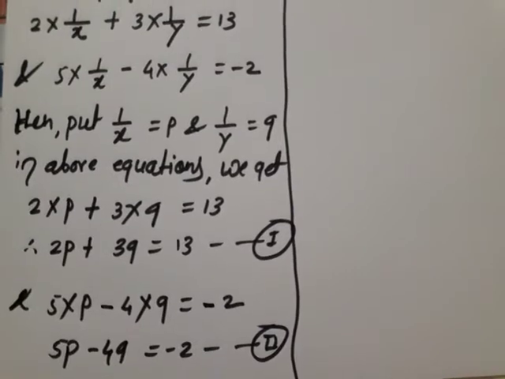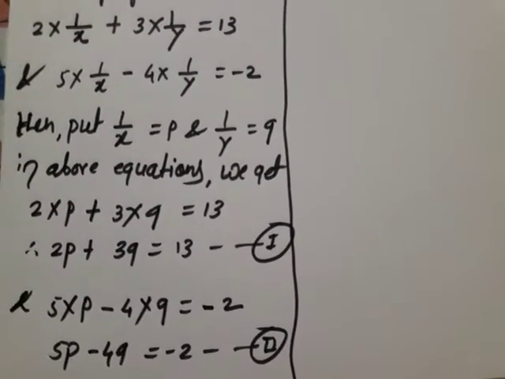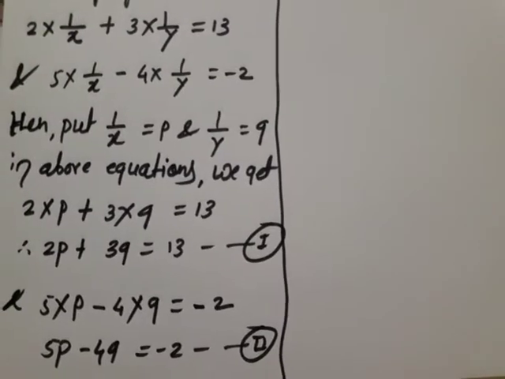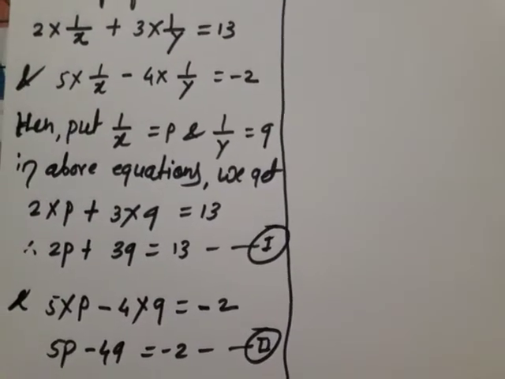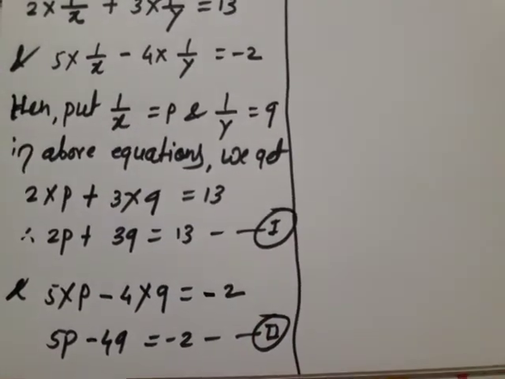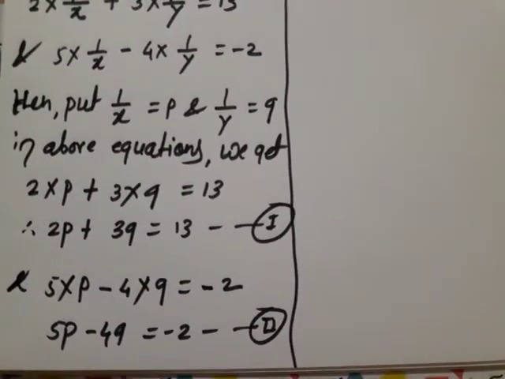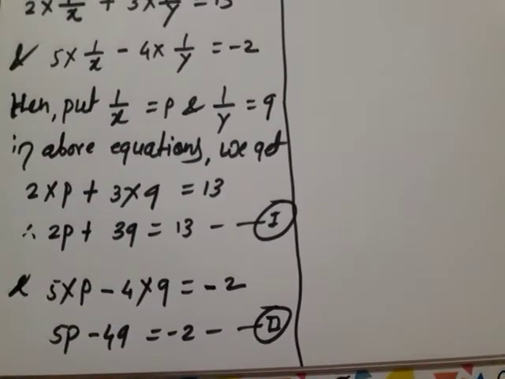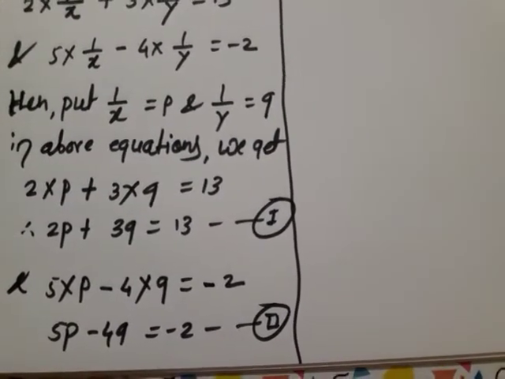Then addition will be the better thing for us, that we will do. For that purpose, suppose I want to make coefficients of q equal, then what should I do? In the table of 3 and in the table of 4, I have to see such a number which will be the same number, or we can say that is the LCM of those two numbers. That will be better for us.